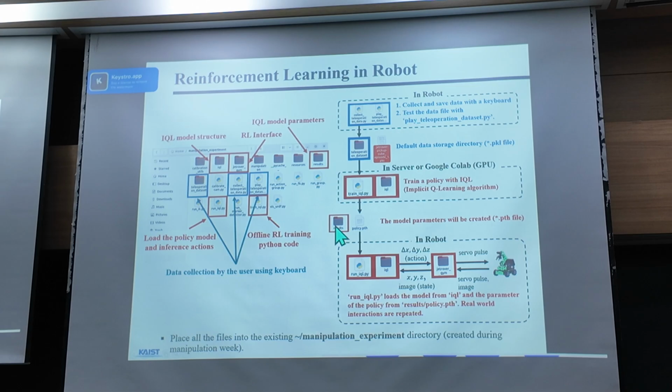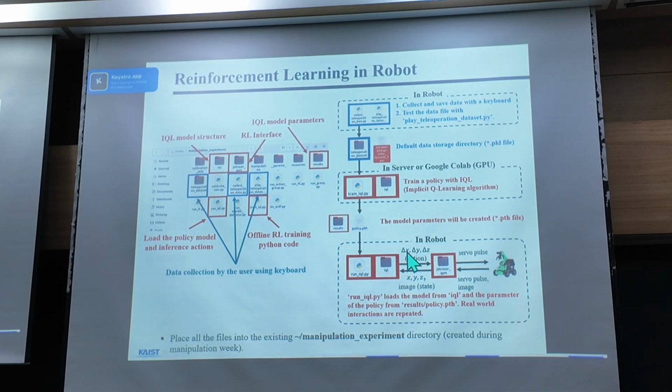The model parameters of the IQL will be stored here, and you put that into the robot, okay? And you have also a code that would run this RL algorithm, okay?